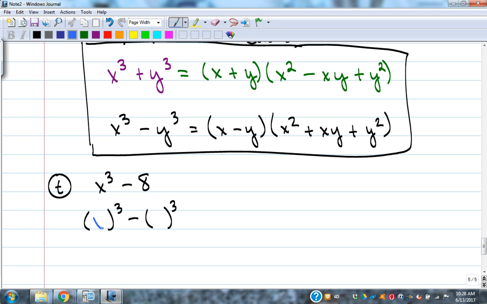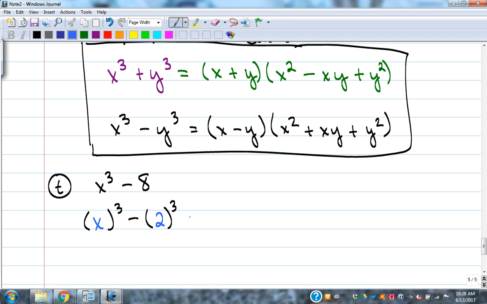The first piece is easy. It's x, because it's x cubed. What to the third power is 8? 2. So if I can rewrite it like that, then I know it's a difference of cubes. Then all I've got to do is follow the pattern for the difference of cubes: front minus back, square it, add everywhere else.